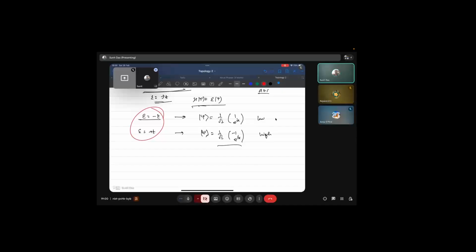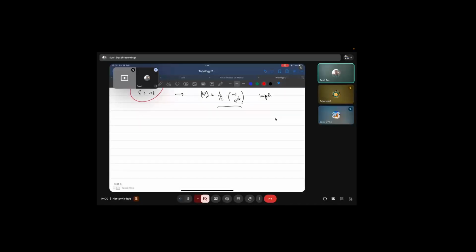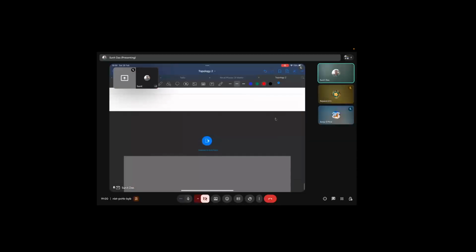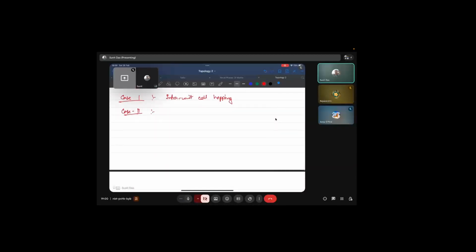So in both the cases, case one we had intra-unit cell hopping, and case two, inter-unit cell hopping.